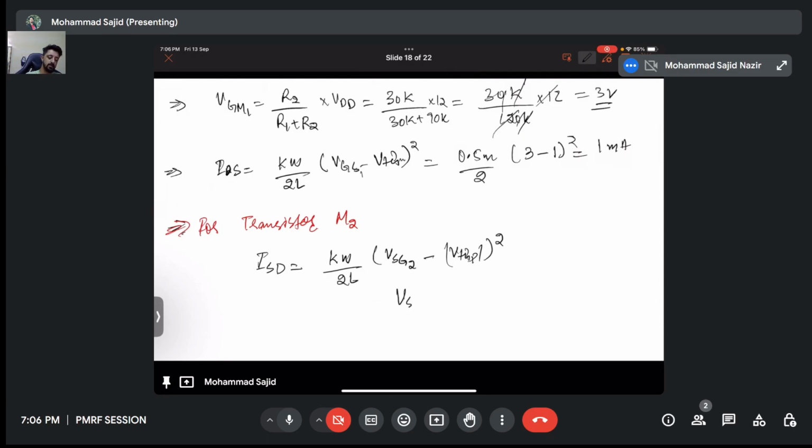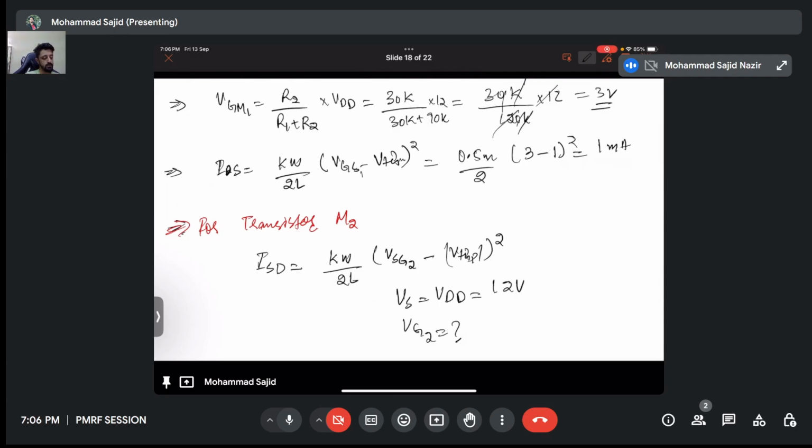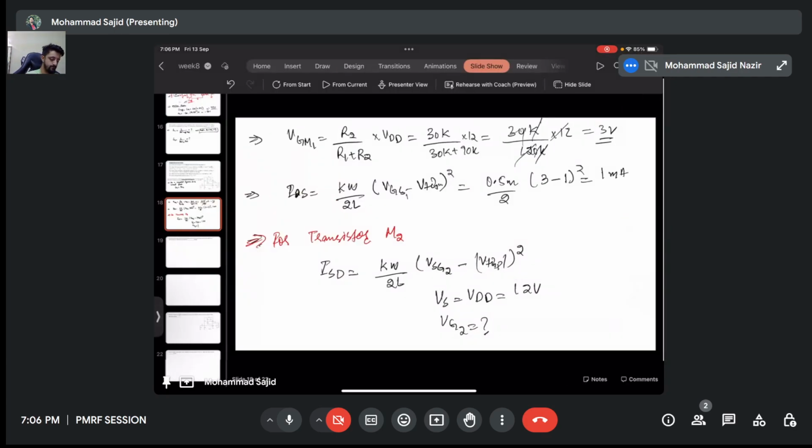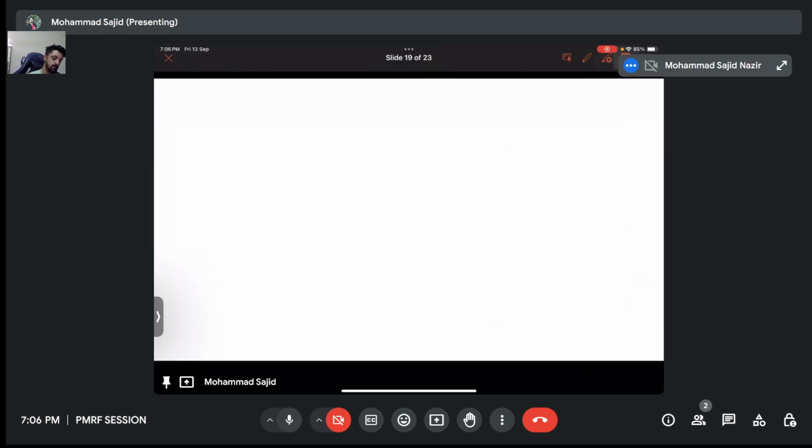And here Vs is VDD, which is 12 volt. VG2 we need to calculate, which is given in the question. So 1 milli is equivalent to 0.5 milli by 2 times 12 minus VG2 minus 1 whole square. Milli and milli will cancel.